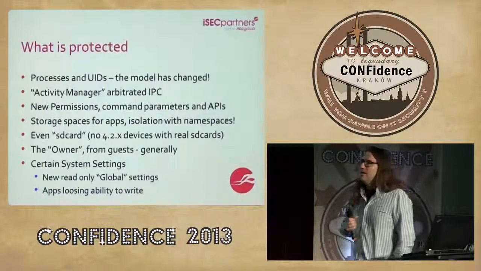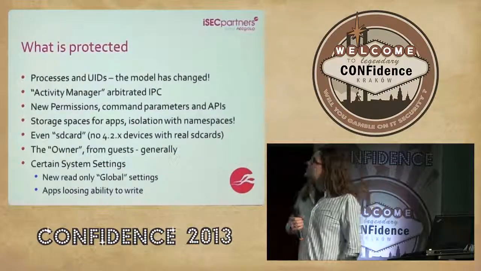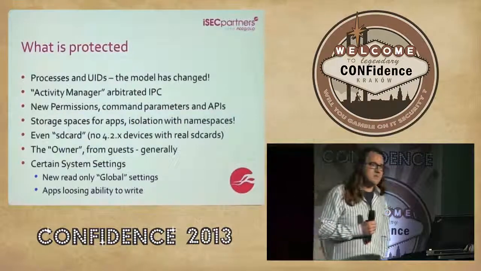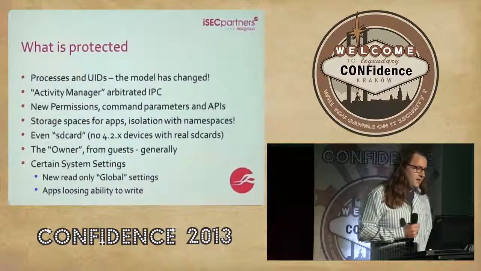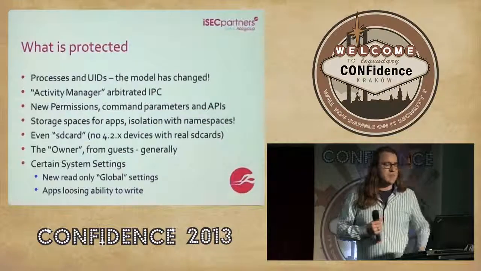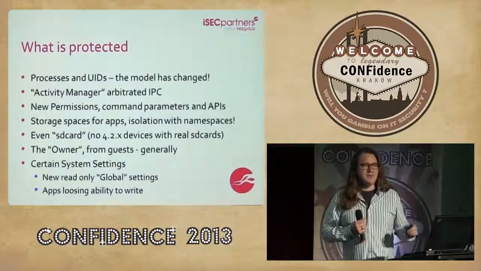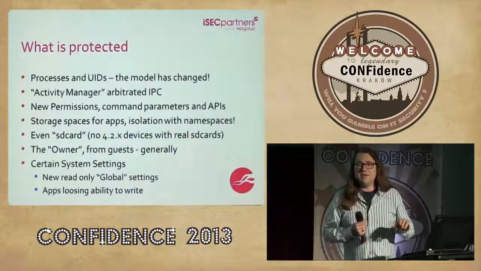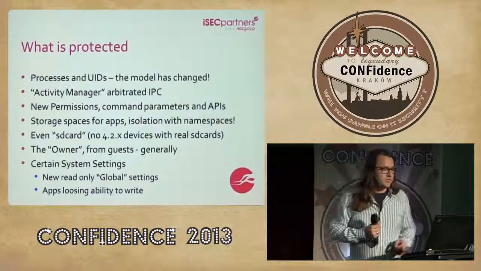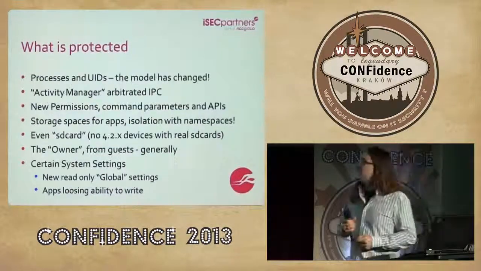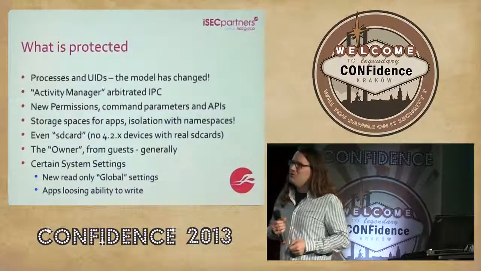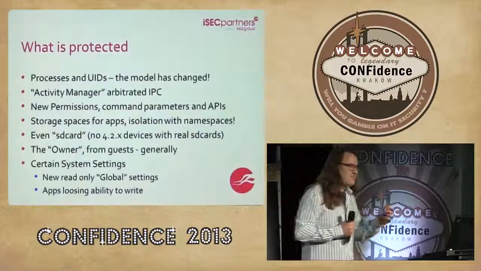And so in conjunction with that, there's a bunch of new permissions and API parameters, or basically new APIs. And then there's also some storage spaces for apps. And also, even cooler, some use of Linux namespaces to do isolation for external storage. I don't think there's any SD card devices running 4.2 yet. Maybe I'm wrong, but I haven't seen any.